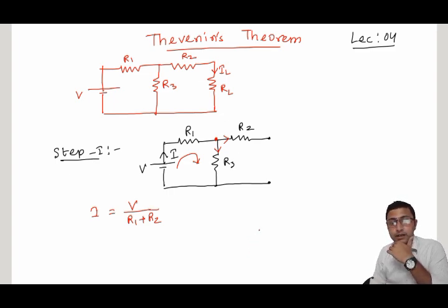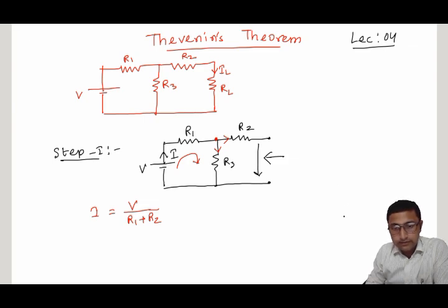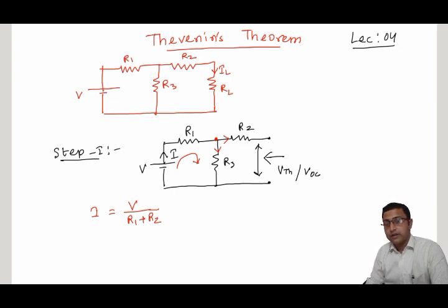Next we have to measure the open circuit voltage from this open circuit terminal. This voltage is also known as V Thevenin, or the Thevenin equivalent voltage, or the open circuit voltage.